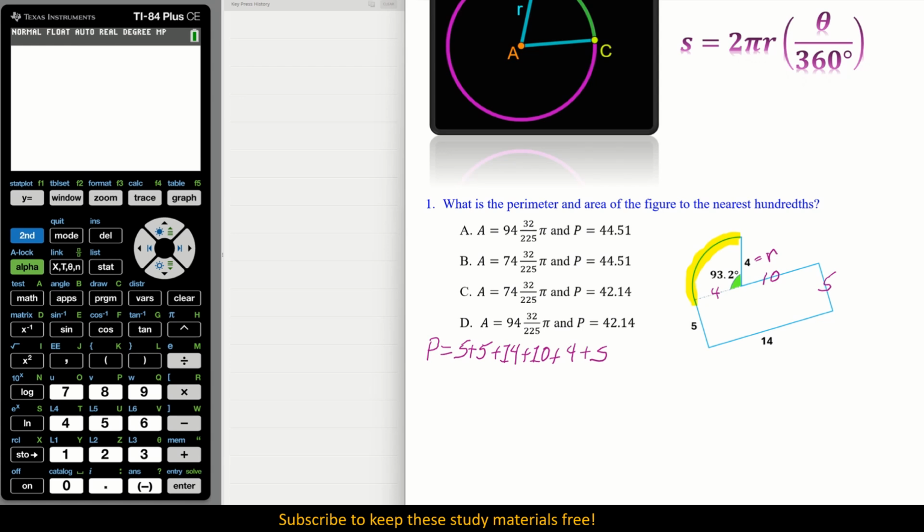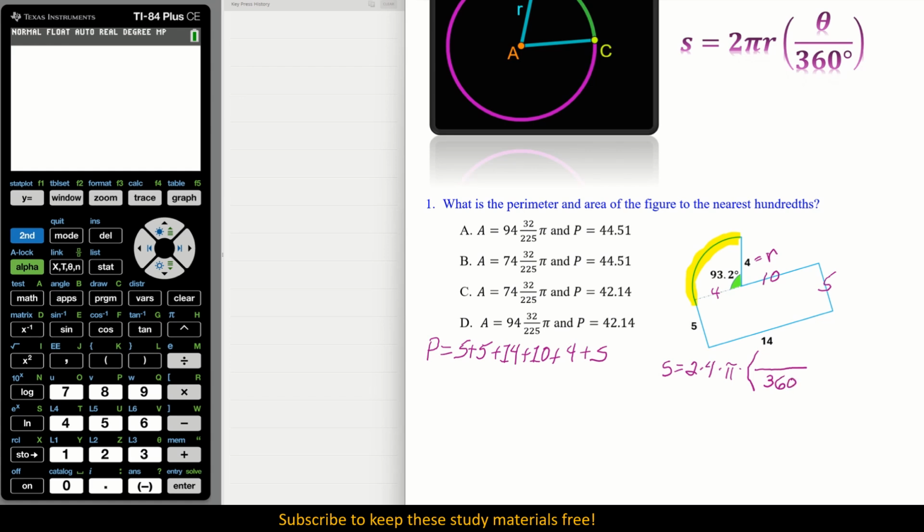We'll just add all that up at once. So let's find our S. Let's solve the equation they have above. So that's S equals 2 times 4 times pi times this proportion.